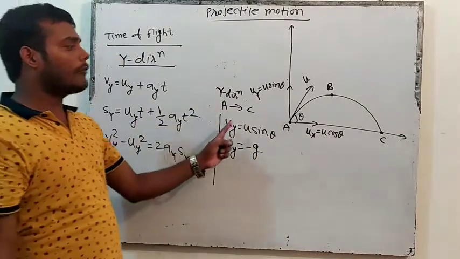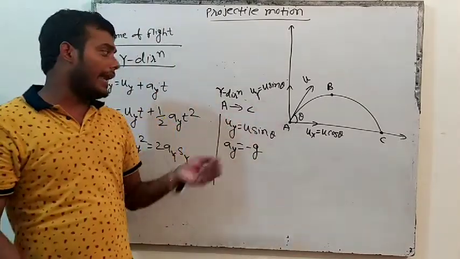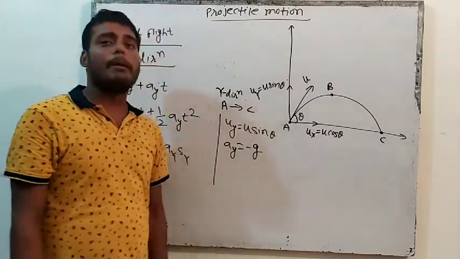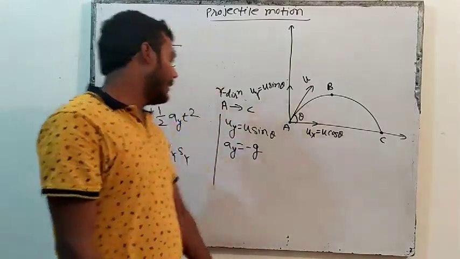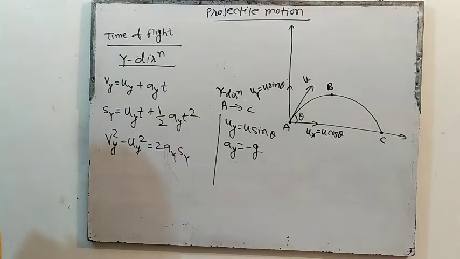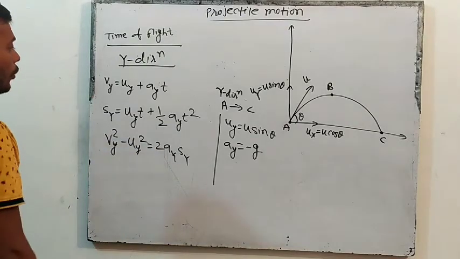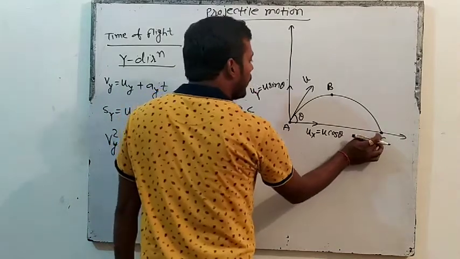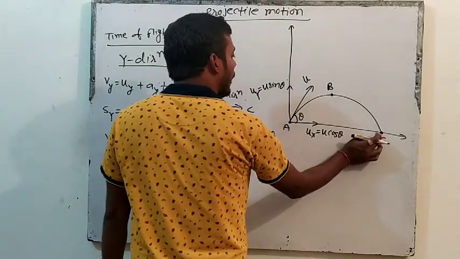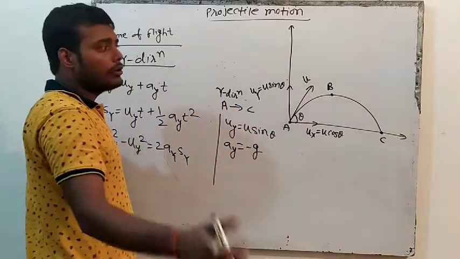When we apply the equation from A to C, A is my starting point and C is my final point. Do we know the final velocity in the y direction at point C? No, we don't know.